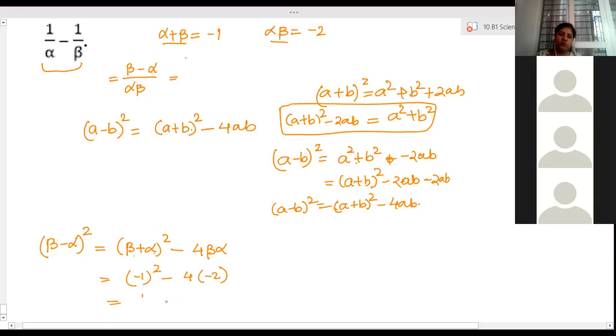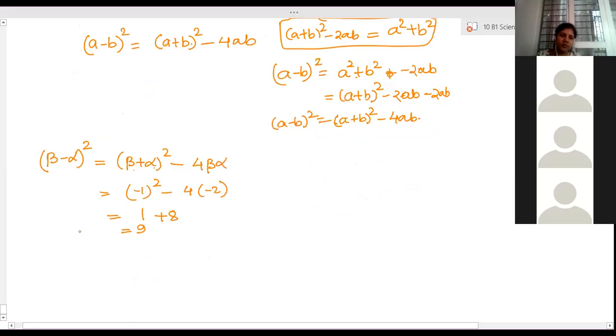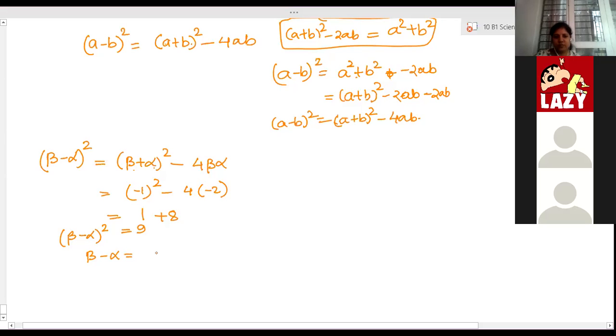So this is equal to 1 plus 8, that is 9, right? So beta minus alpha whole square is 9. So what is the value of beta minus alpha then? 3. Only 3? Minus 3. Plus or minus 3.